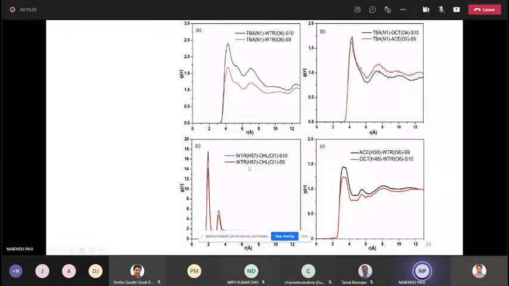But here in plot C, you can see this is for water and chloride ion. We know that chloride ion interacts with water, but the amount of interaction, or the probability of finding this chloride ion in the vicinity of water, is so high. It has a g(r) value of 18 or 14.